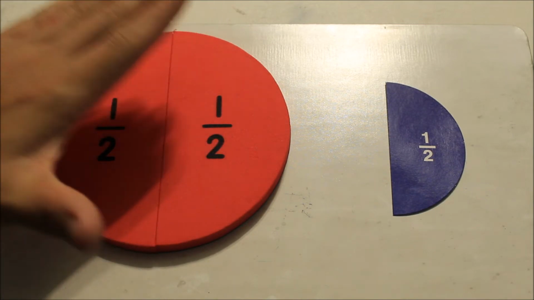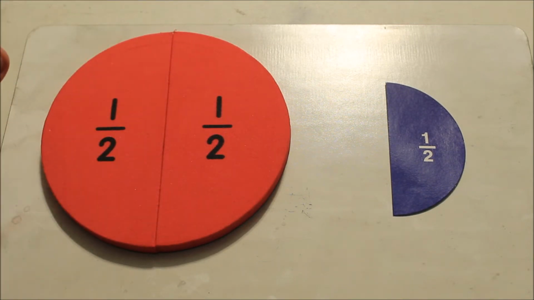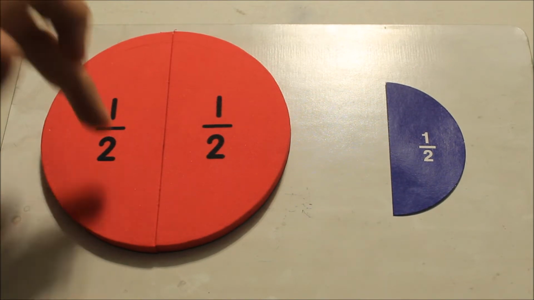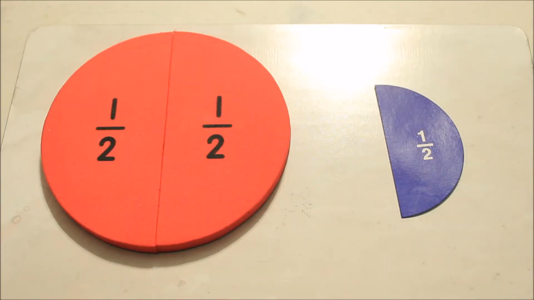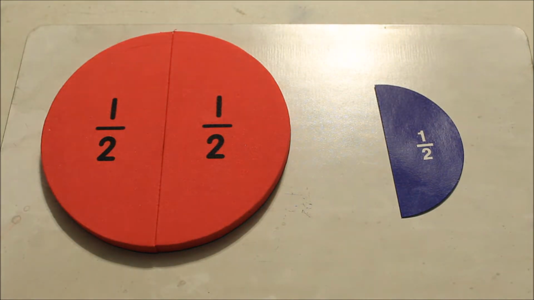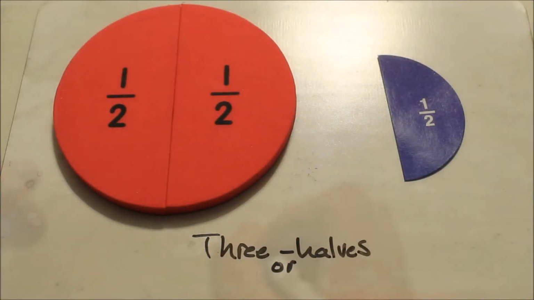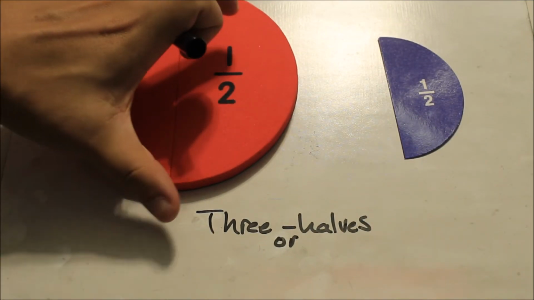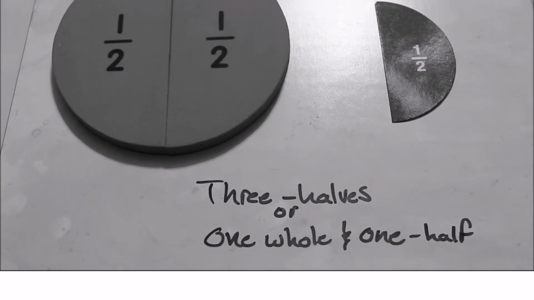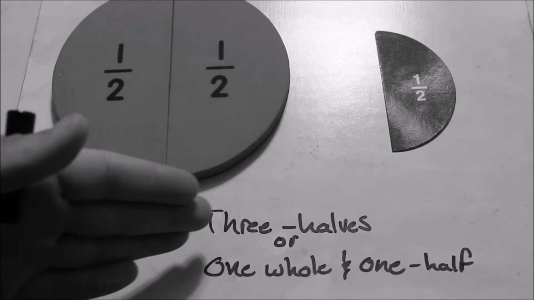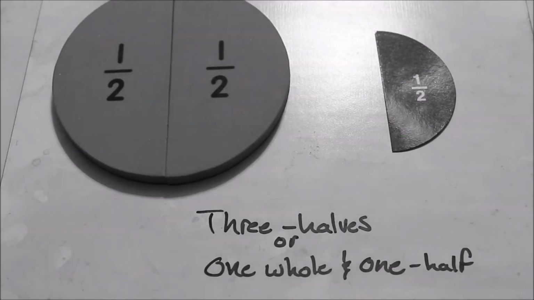So let's count the fractions. I have 1/2, 2 halves, 3 halves all together, or I have 1 whole and 1 half. So these are the 2 different ways I can represent this picture right here.